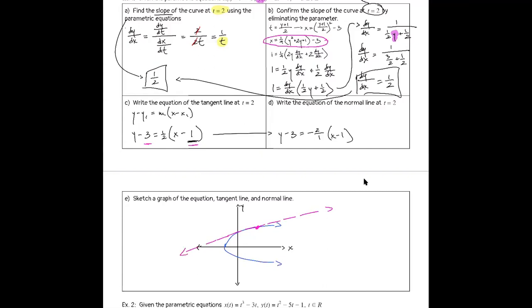So this one would be the tangent line. And then if we wanted to visualize the normal line, it's just going to be perpendicular to that. But they go through the same point. And that's why we can keep the 1, 3, because it's the same for my actual curve, my tangent line, and my normal line.